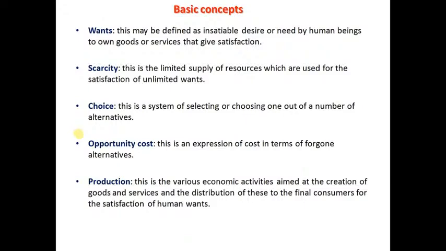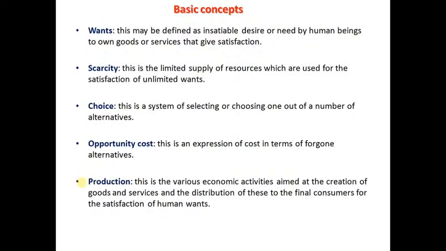Then last but not the least, we'll talk about production. Production is the various economic activities aimed at the creation of goods and services and the distribution of these to the final consumers for the satisfaction of human wants. So whenever you're talking about production, you're not only talking about production of goods, but you're also talking about production of services and also the distribution, because production is not complete until it gets to the final consumers for the satisfaction of human wants.